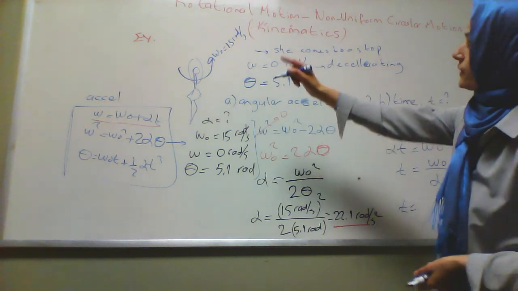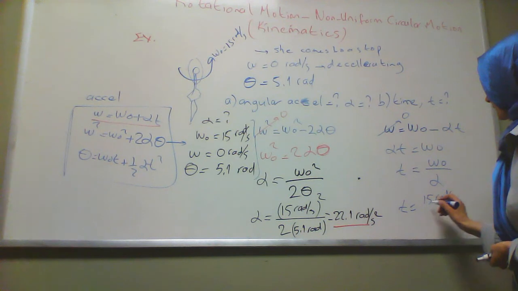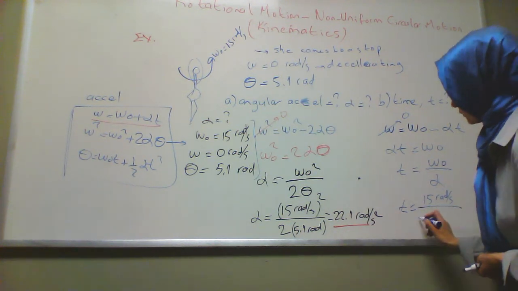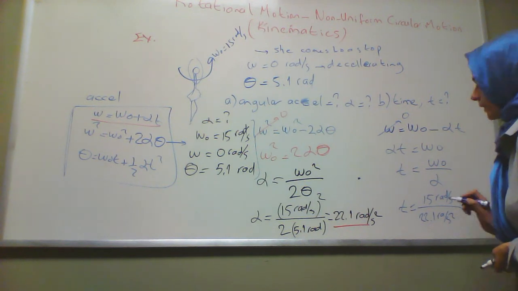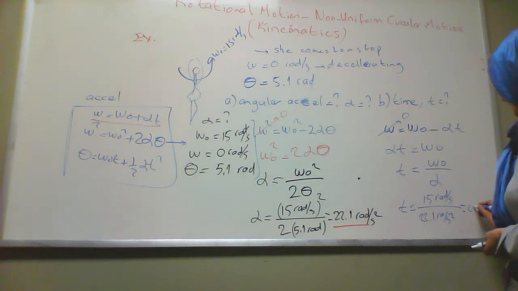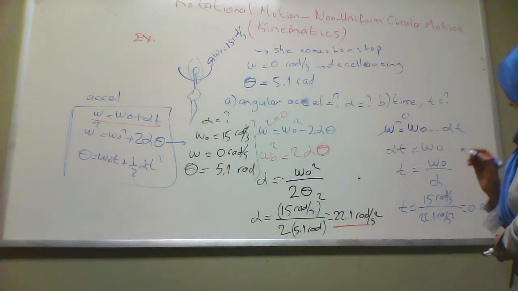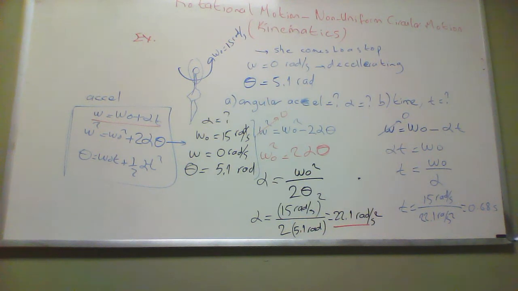Omega 0 is 15 rad per second, divided by alpha, which we found to be 22.1 rad per second squared. Our answer will be in seconds, and it should be 0.68 seconds. 0.7 seconds would be a good approximation, all acceptable. For 0.68, again, I put 2 decimals.